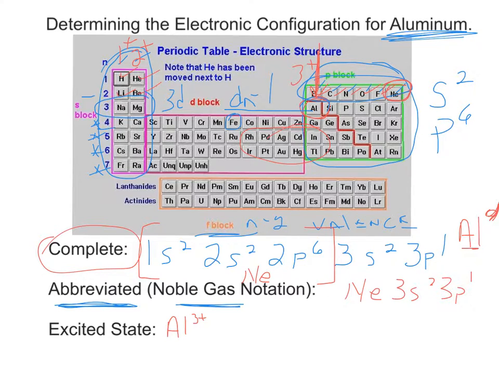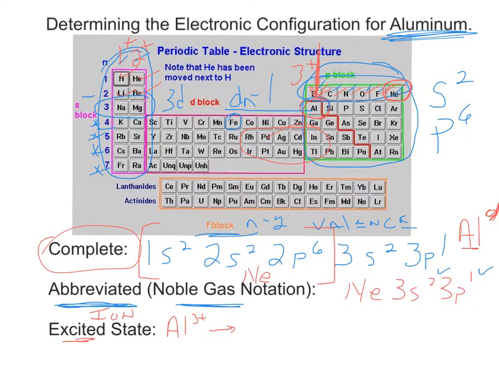So to do that, I have to be able to write the electron configuration of aluminum in its excited or ion state. So that means I had to lose 3 electrons. Well, shucks, look at this. There's 1 electron here and 2 here, and those are in that outer row, that valence shell.